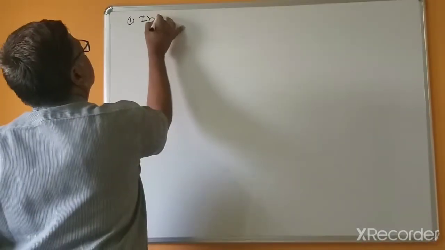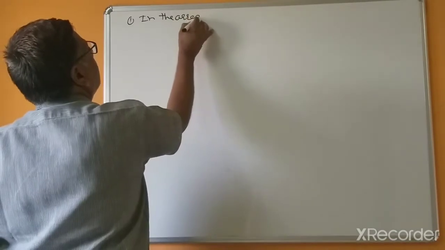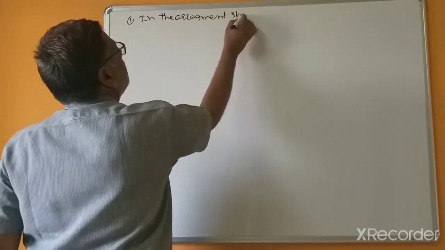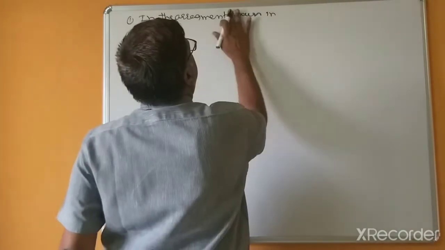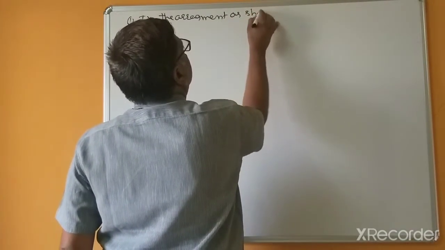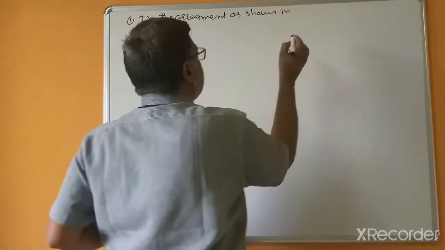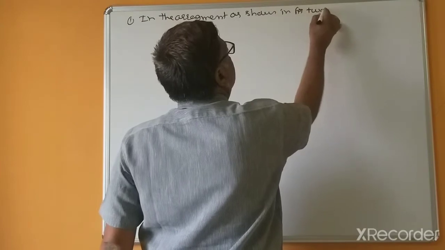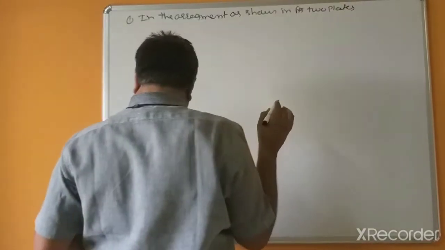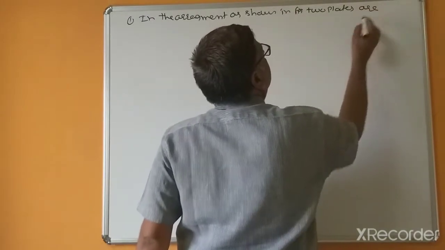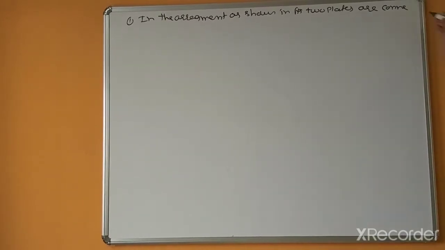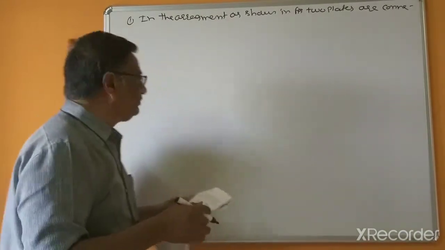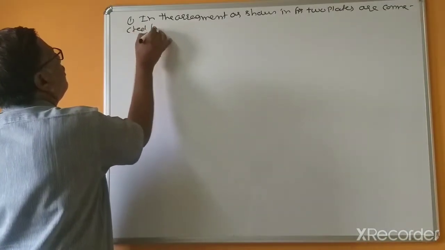In the arrangement shown in figure, two plates are connected by 5 bolts.